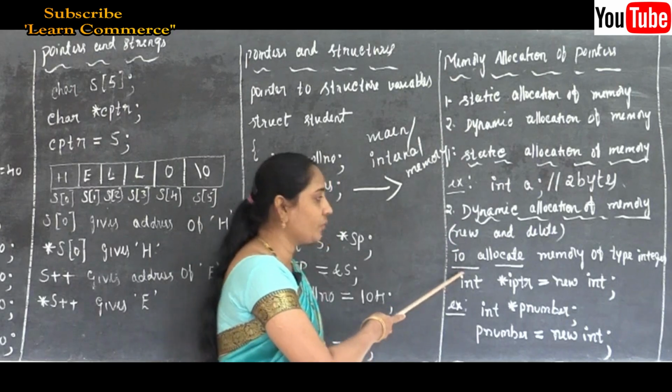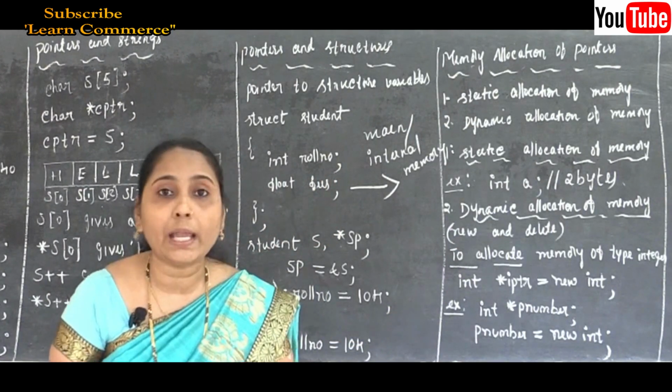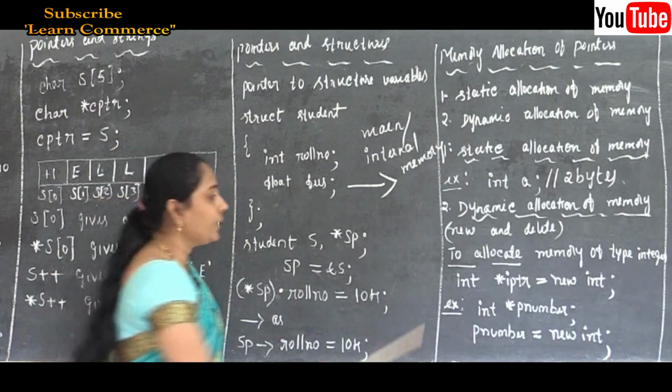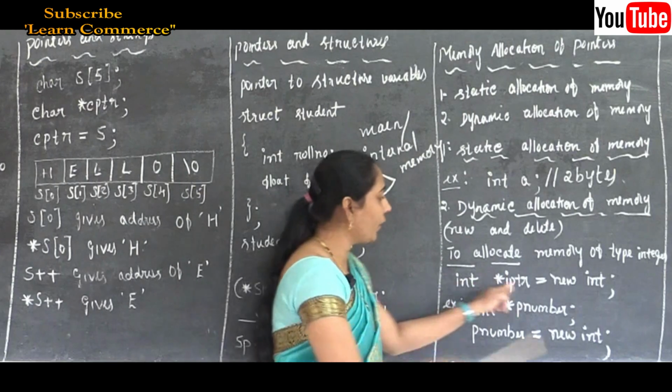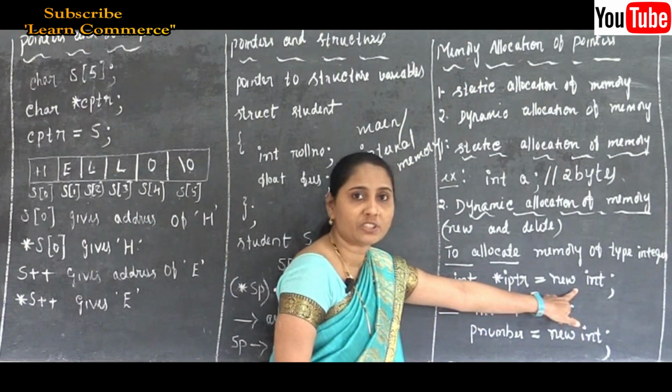Now let's see some examples of allocating memory of type integer. I want some memory of type integer, so I use int *iptr = new int. Clear this point here?